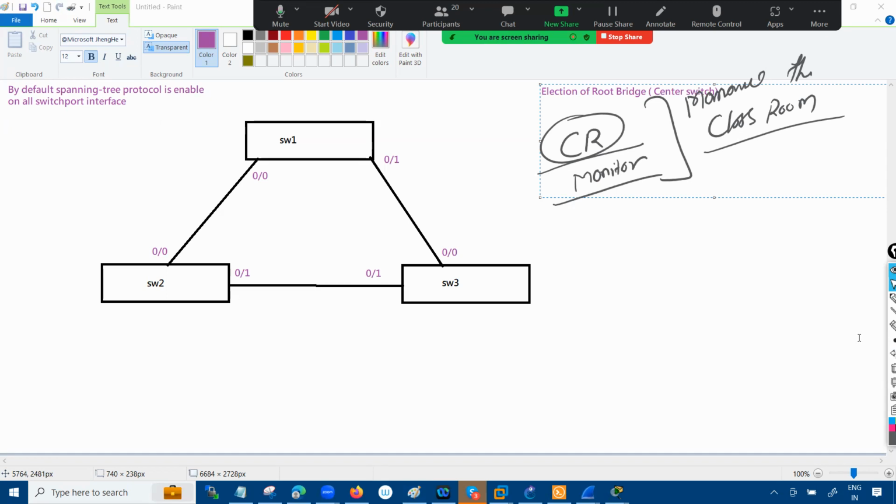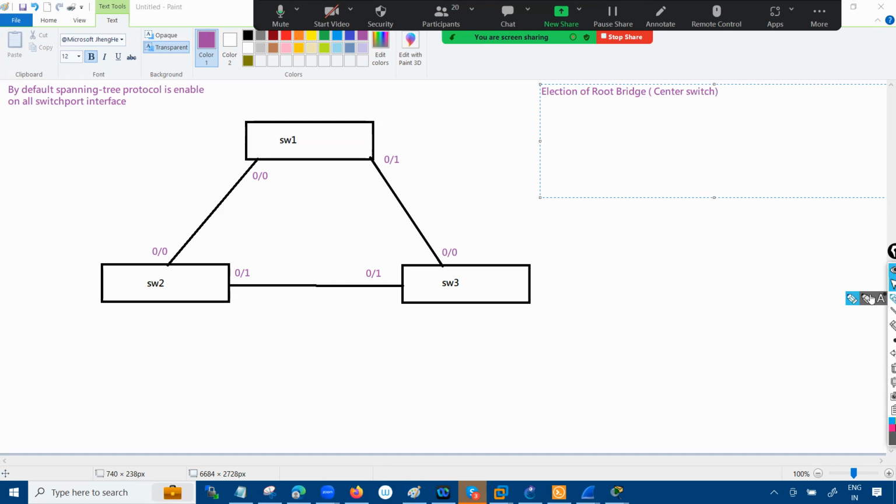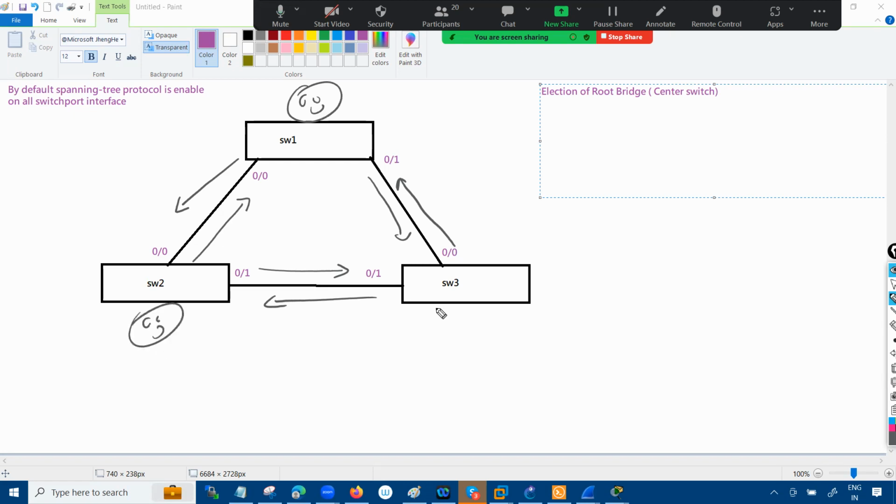Same thing in the switch. Everyone is trying to say, hey, I will be the root bridge, I'm the root bridge, and I'm the root bridge.